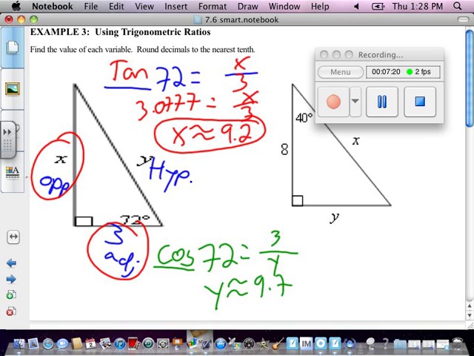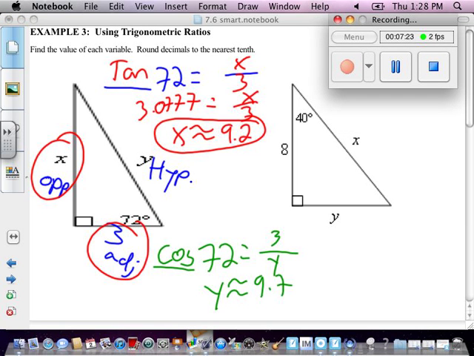So let's try this one using those shortcuts that I told you about so that you don't have to write it out. Where did we get lost? Okay, so I know 3 divided by cosine of 72 gives me 9.7. So I cross multiplied, right?